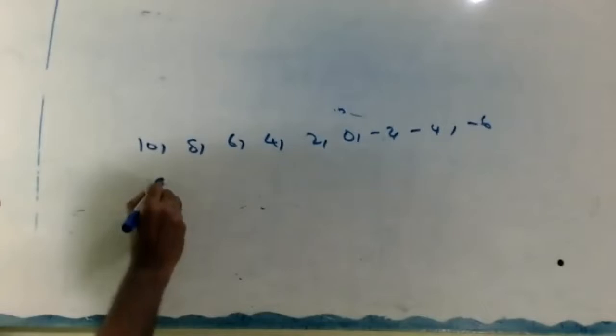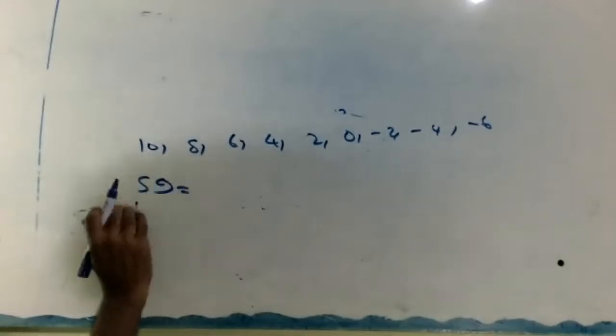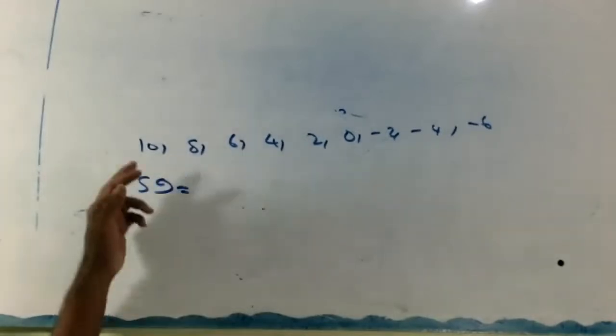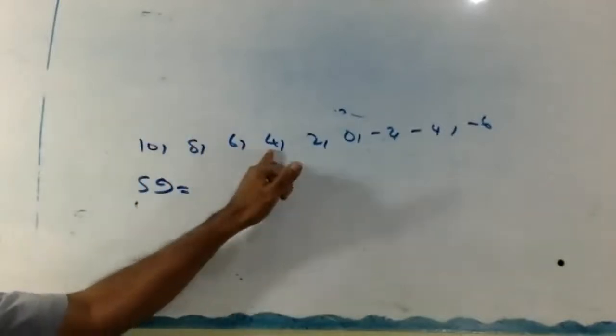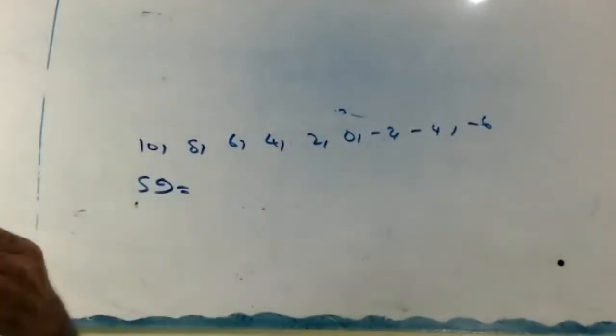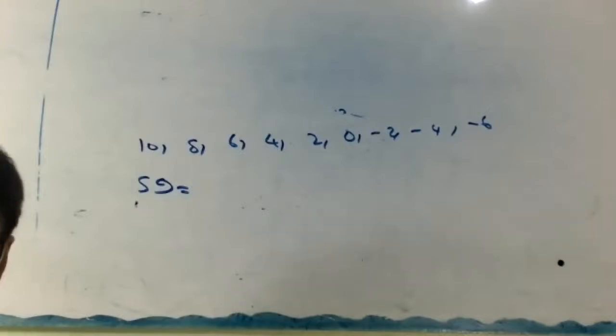What about S9? Just find out manually. S9 is 10 plus 8 plus 6 plus 4 plus 2 plus 0 plus minus 2 plus minus 4 plus minus 6. How much?